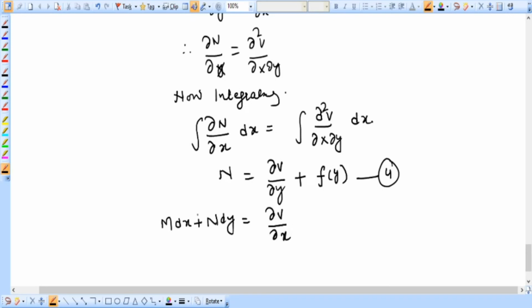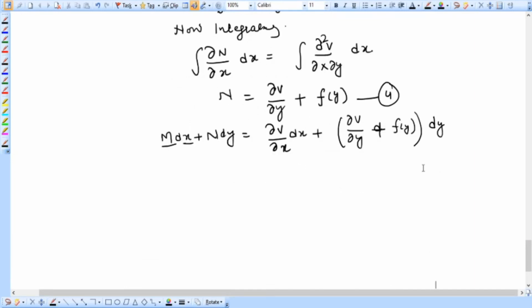This was the value of m, now dx here, plus n is equal to curly v over curly y, plus f(y) whole multiplied by dy, right?